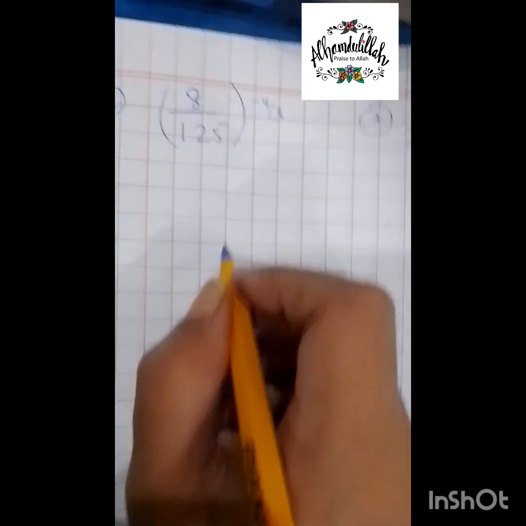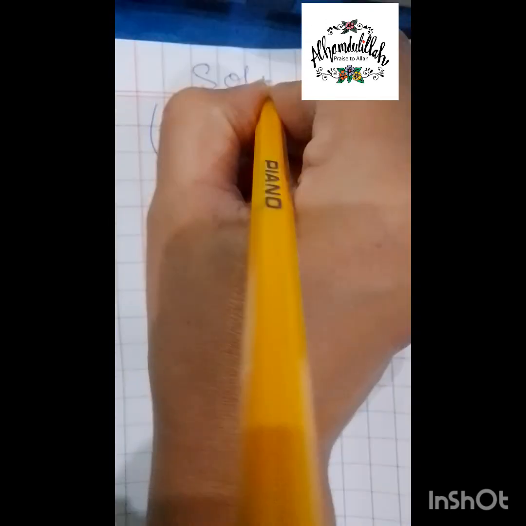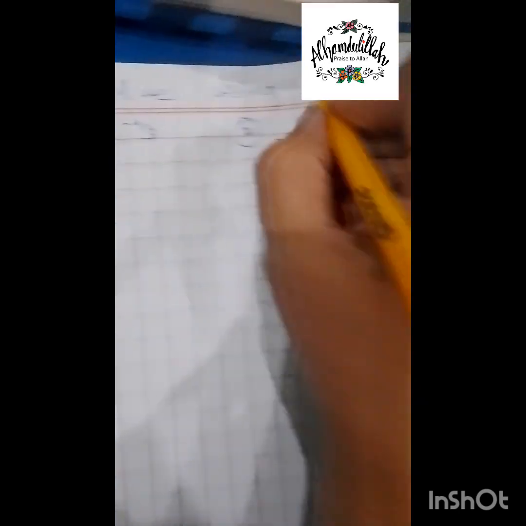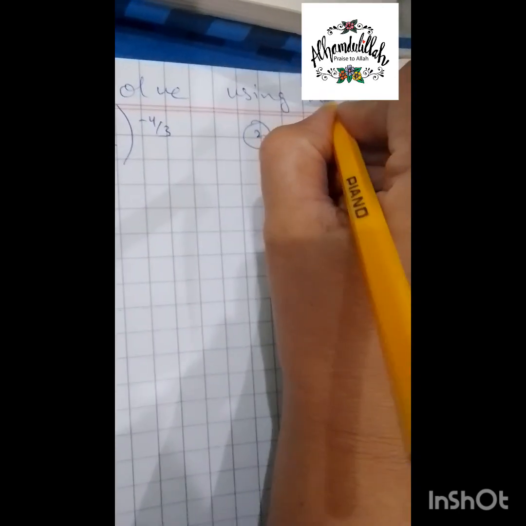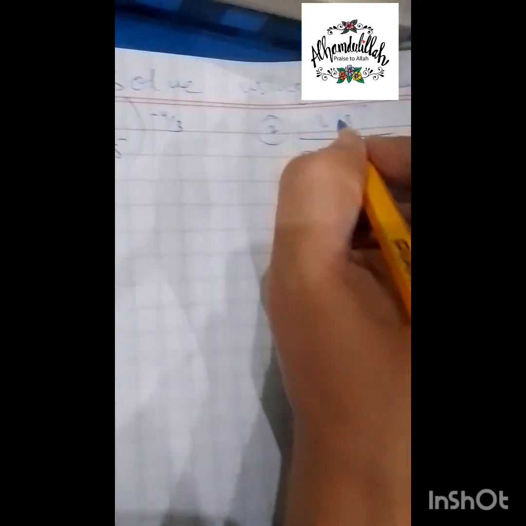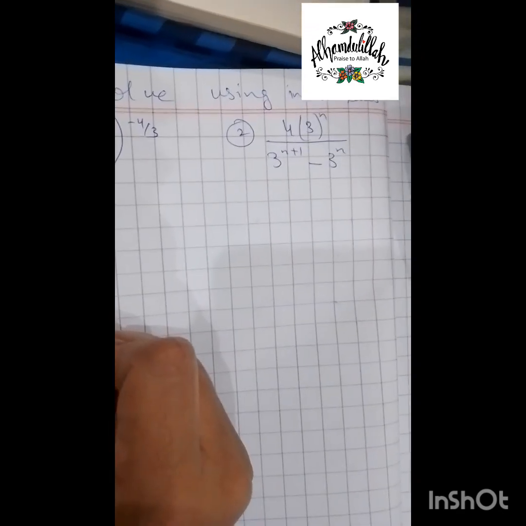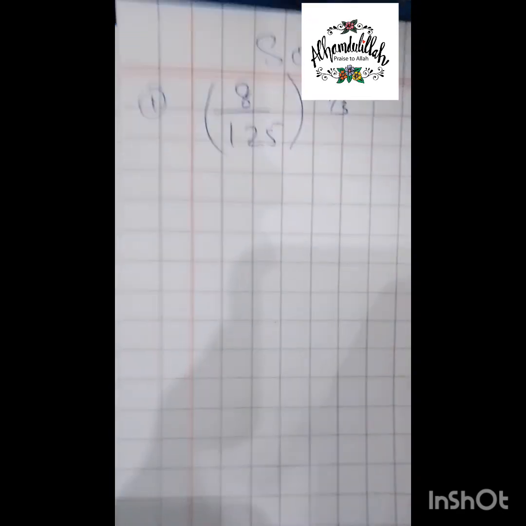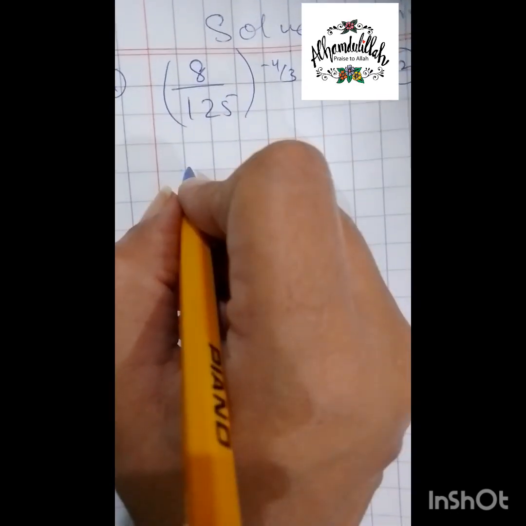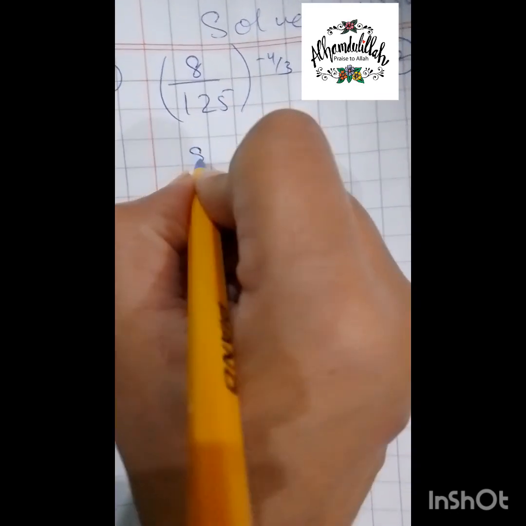Now doing some application so that you can understand. We are solving over here using these laws of indices. As you can see, the power is outside and it's with the sign of inverse. We will definitely make it a divide sign.